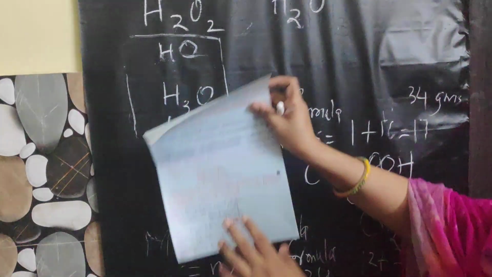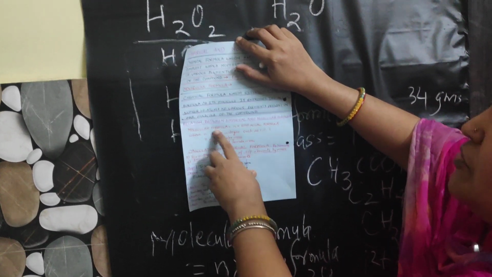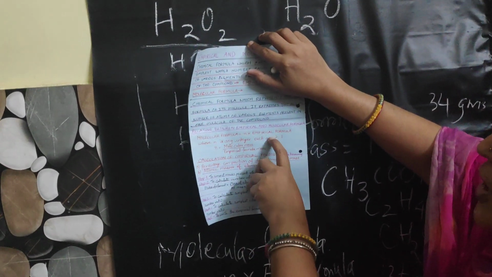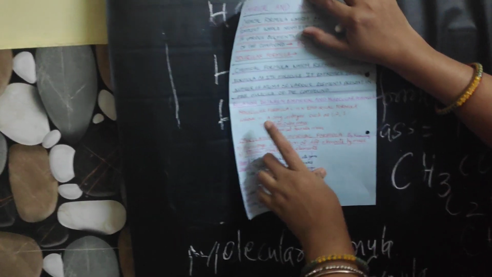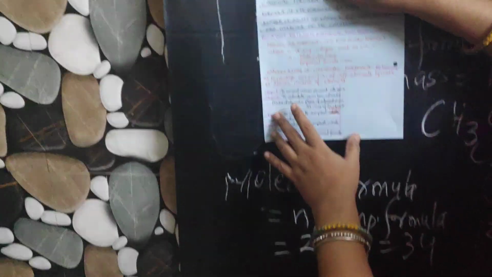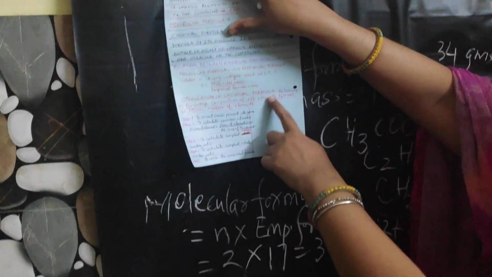So first we calculate the empirical formula mass, then multiply by n, and you will get the molecular formula. First we have to learn the steps for calculating the empirical formula.